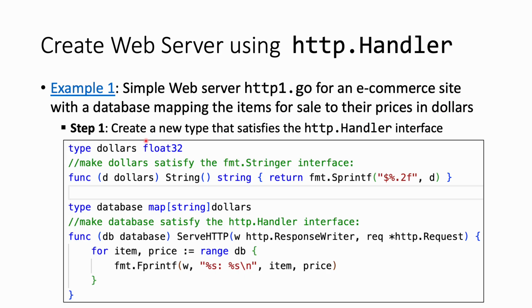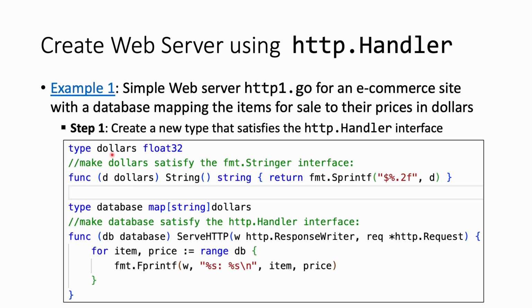In step 1, for creating this web server, we have to create a new type that satisfies the http.Handler interface. This new type is database, which models the inventory. The new type database is a map type. It maps a string that describes an item to dollars.